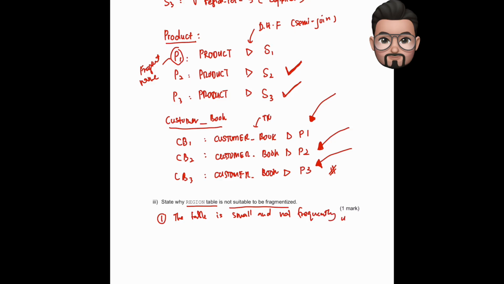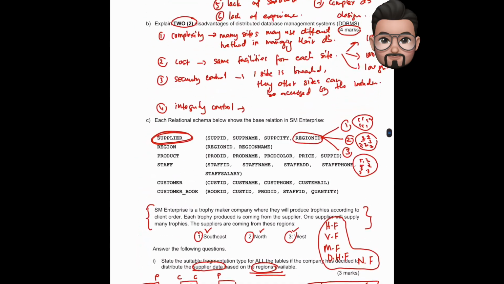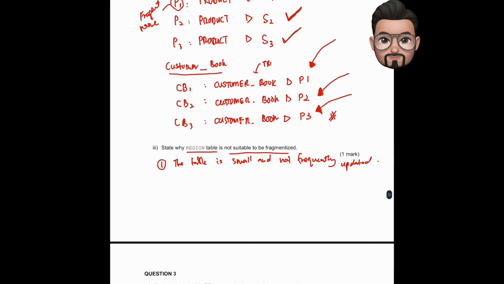If you take a look, what do we have inside region? You have region ID and region name. The table is small, with only 2 columns: region ID and region name.